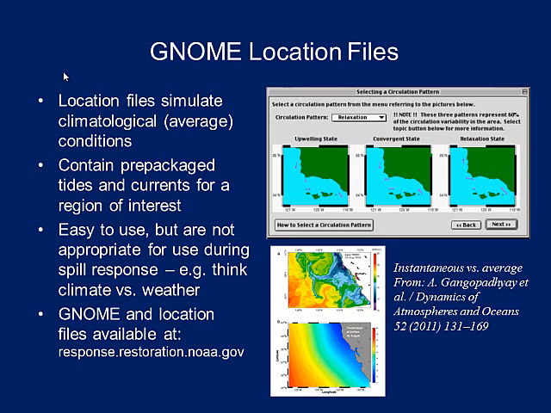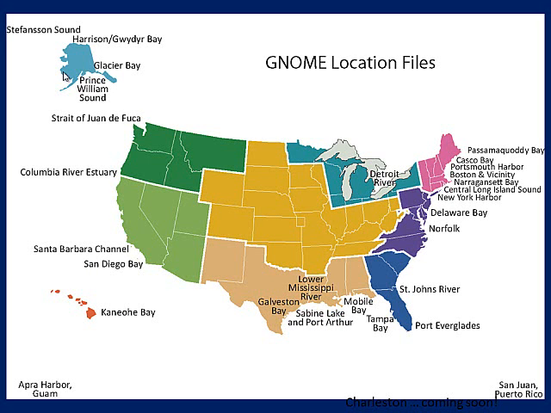So on our website, and this link is elsewhere also, GNOME itself and all the various location files are available. Here's a quick rundown of all the ones we have. In California, we have Santa Barbara Channel and San Diego Bay, a couple of them up in Alaska, Columbia River, a bunch on the East Coast.